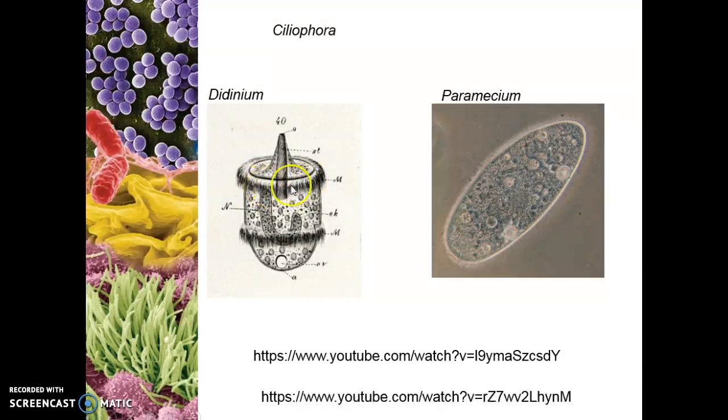It just looks like a strip of fur almost. And all of these are going to move, and it causes the cell to move forward. You can also have it allow it to spin. And then this is a Paramecium. A little hard to see, but you can see kind of this halo-like feature around the outside of the cell. And the Paramecium is completely covered in cilia, and it allows it to move in a very organized fashion.